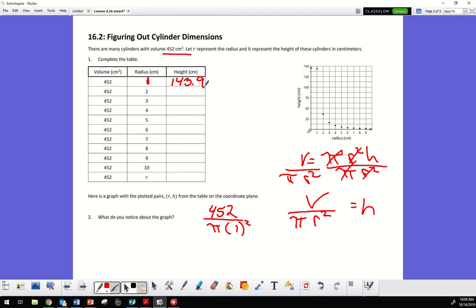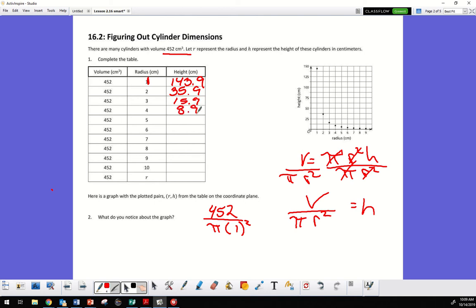All right, so let's go through and see what we got. Okay, so at 2, what was my height? 35.9. Okay, what was 3? 15.9. What is 4? 8.9.